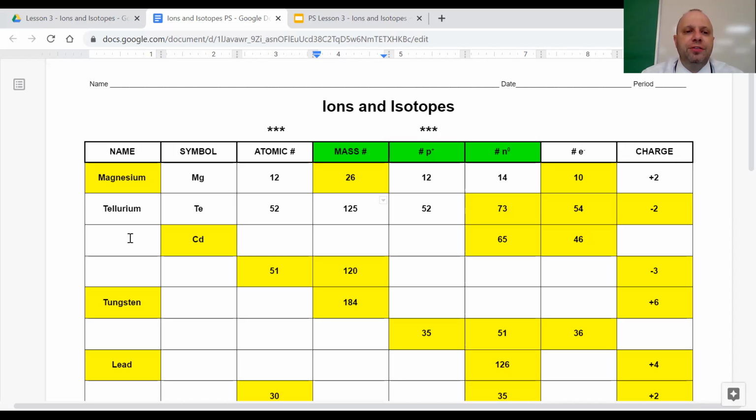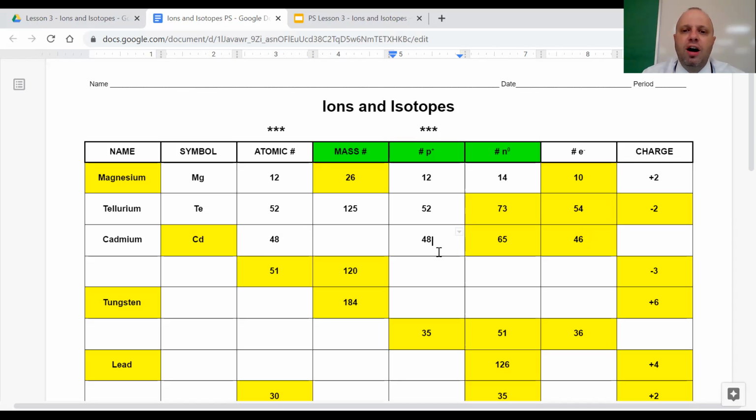Okay, for the next example, they give you the element cadmium. So you would find this symbol on your periodic table. It is element number 48. So I can take 48 and put it in both the atomic number and the number of protons spot. Now I'm going to compare my number of protons, which is 48, to my number of electrons, which is 46.